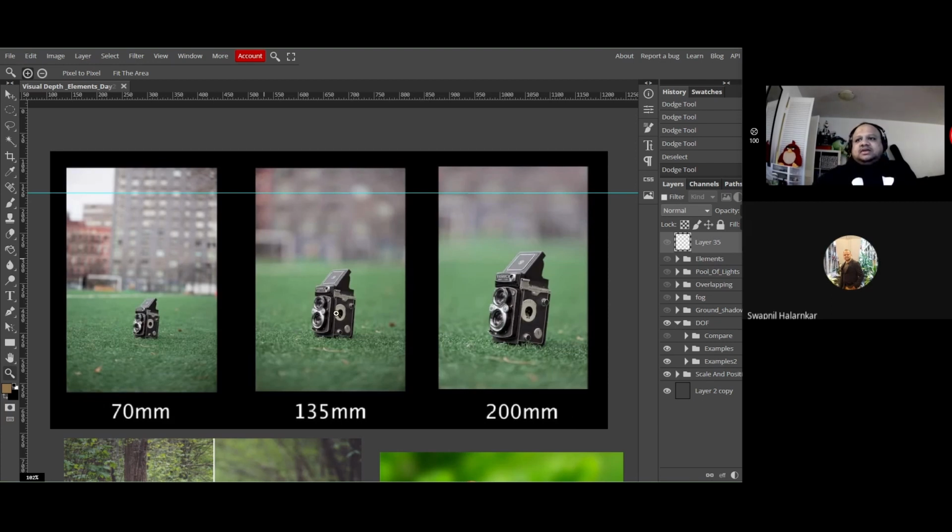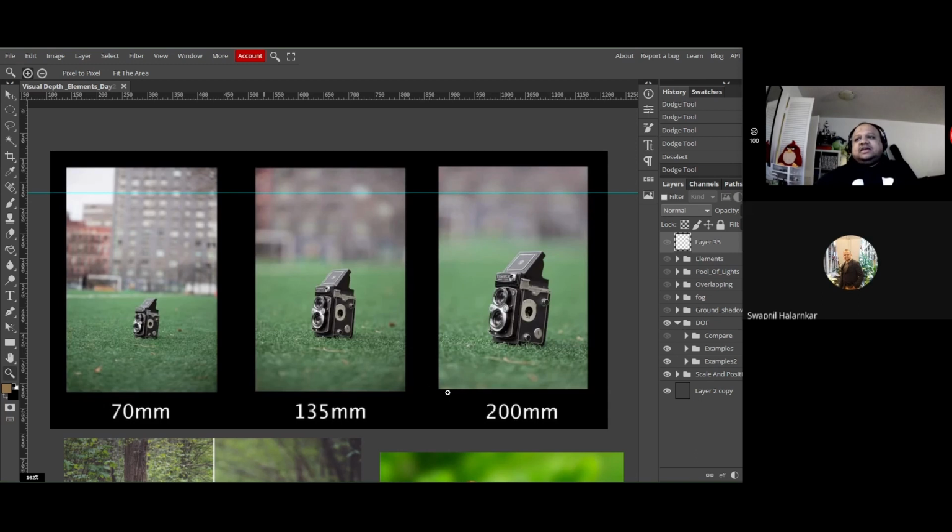Okay. So 70 mm will be more far away from you, like the object will go more far away from you. So when you have something like 200 mm, it will have more depth of field, though it even depends upon what f-stop you use.